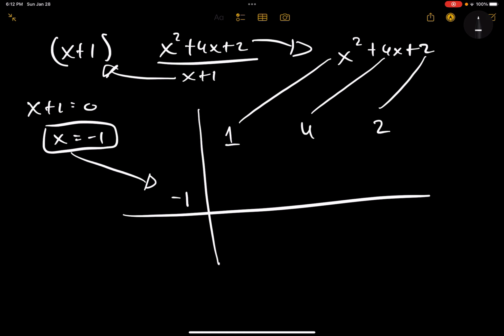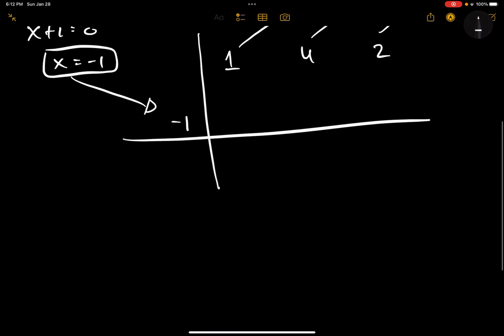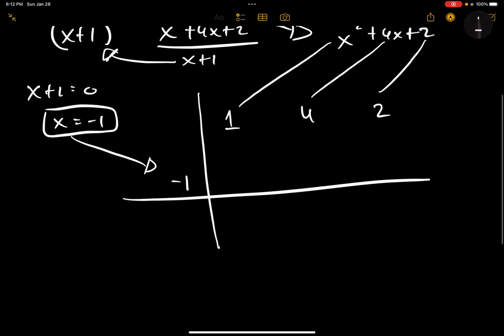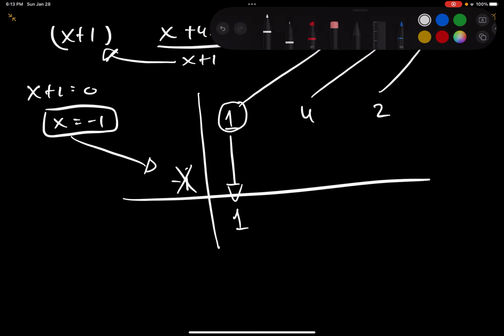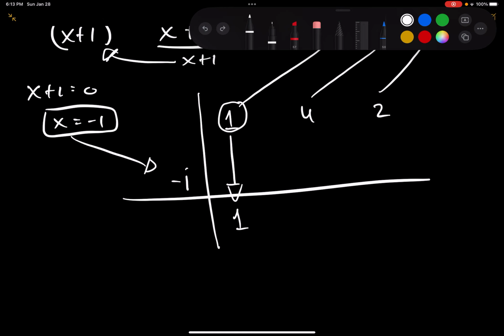Now, after we've done this, we bring down the 1, the first coefficient. We always bring it down to the first one. We never multiply it by this number. It does not work like that, and we do not want to do that because it creates easy mistakes.